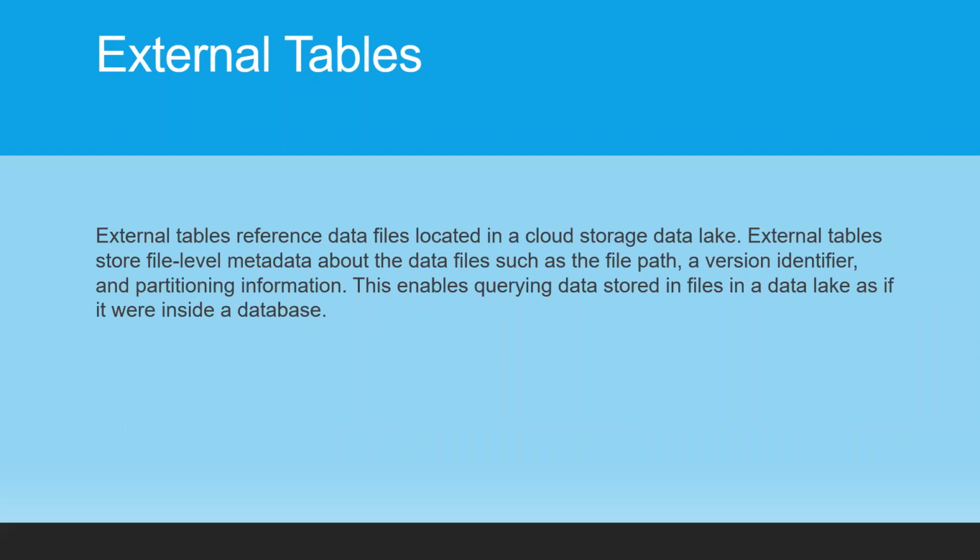This enables querying data stored in files in an external stage as if it were inside a database. External tables can access data stored in any format supported by the COPY INTO table name statement. So if you want to access data, just run COPY INTO and enter your table name.